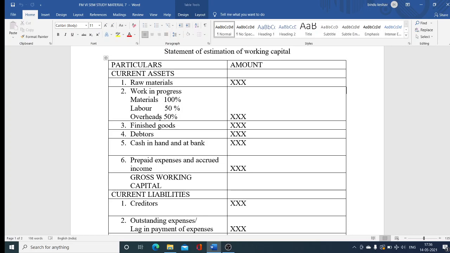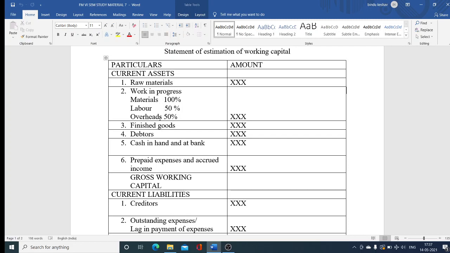It will be based on the cost of sales, not on the selling price. So it will be 10,000 into 9 rupees, so the amount will be 90,000. At any given point of time, our debtors will be equal to 2 months' value. So 90,000 into 2 by 12, which is equal to 15,000. So at any given point of time, the organization will have debtors equal to 15,000.